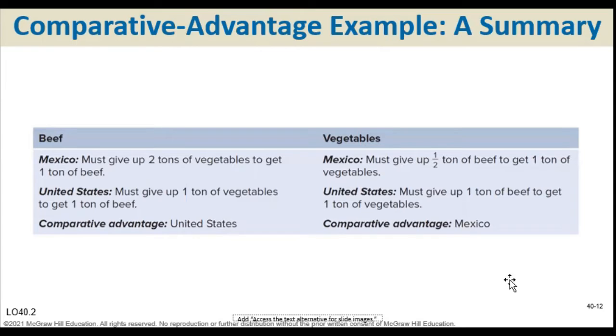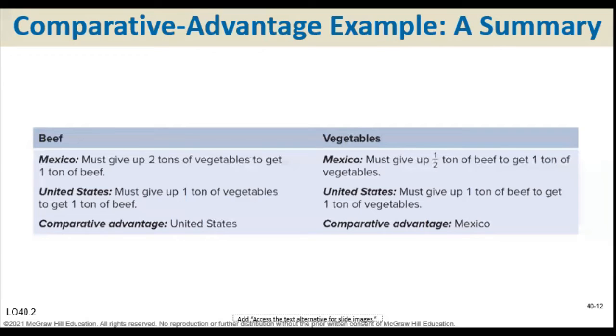And the United States can produce more beef by giving up less vegetable. So the comparative advantage: the opportunity cost for the United States to produce beef is less. So it makes sense that the United States produces more beef and trades it with Mexico.